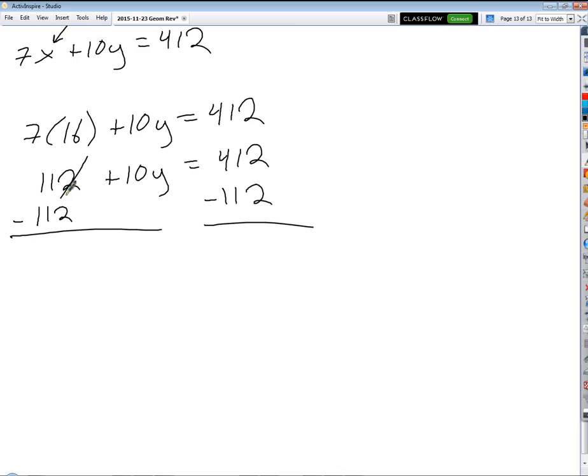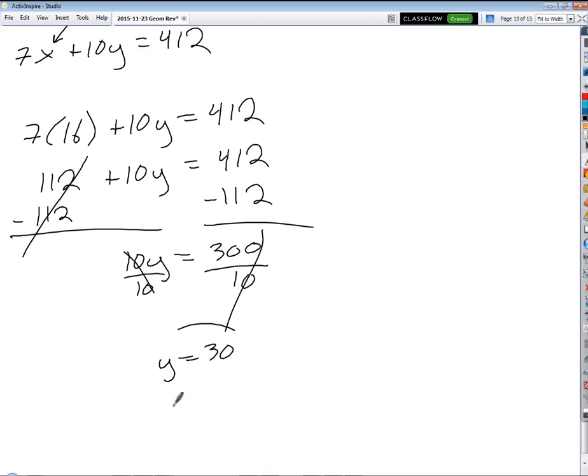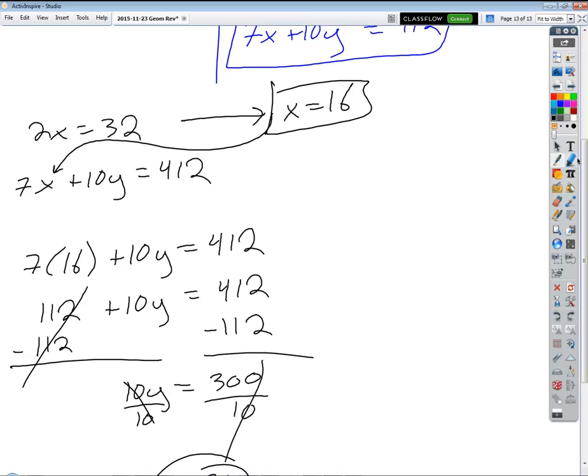Good. And I get 10y equals, what's 412 minus 112? 300. Okay, now what? Divide by 10. I can just cancel the 0. So what do I get? y equals 30. We already know that x equals 16.